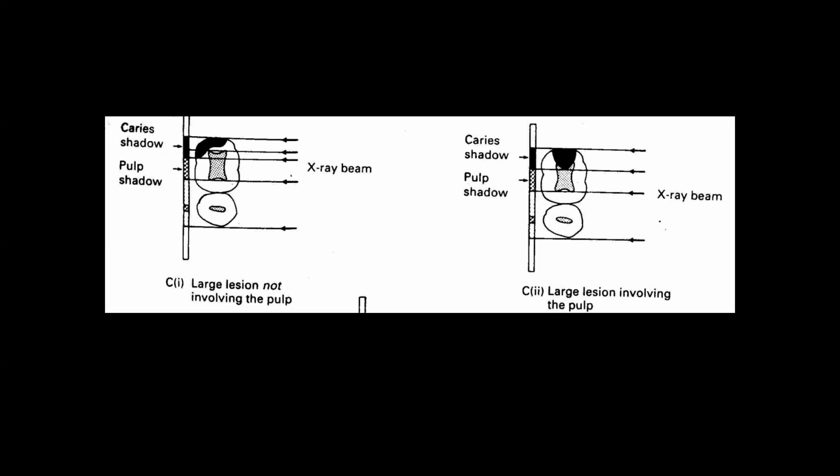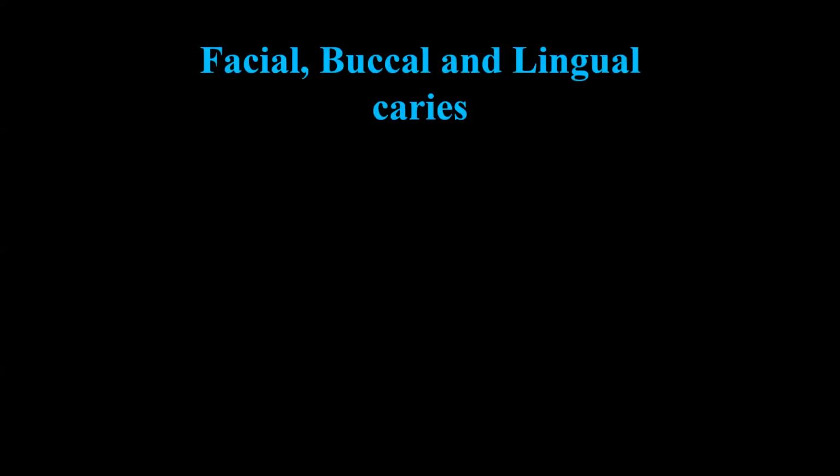When that happens, the resultant image will give us an idea that the lesion is extending onto the pulp. In the second image here, the lesion is actually involving the pulp, but we'll get an image on the radiograph where we'll see it is not involving the pulp. So these are some drawbacks of the radiograph in diagnosing proximal caries.